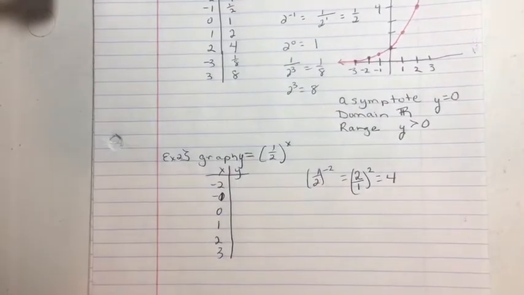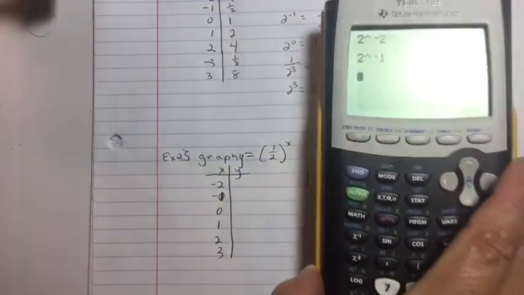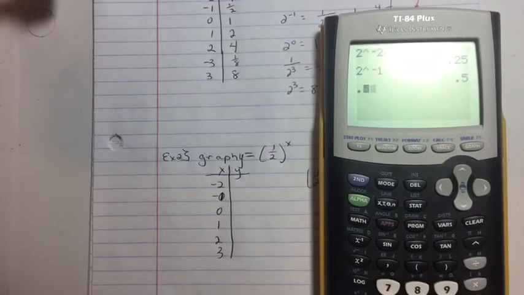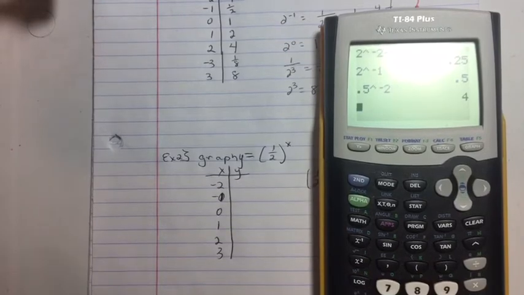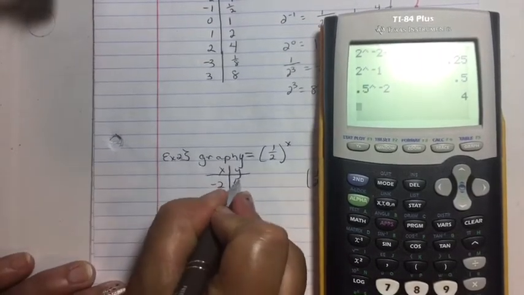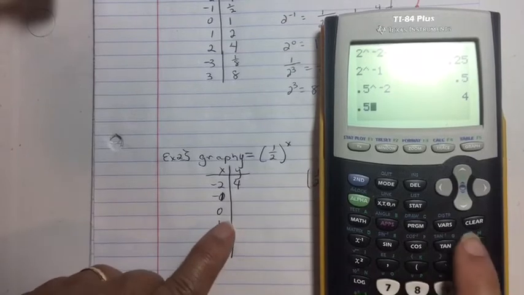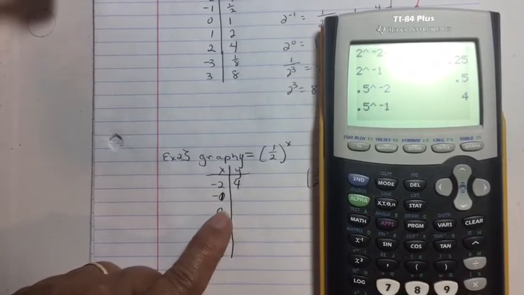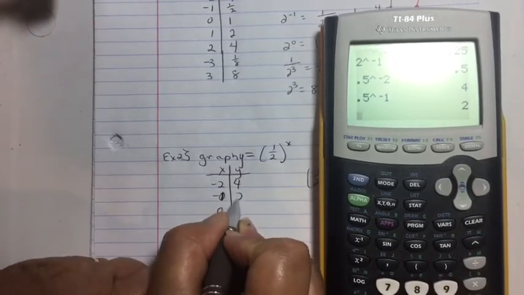Now let's try that on the calculator just so that you can see that it is correct. You're going to have 1/2, which is 0.5, and I'm going to raise it to the -2 power and get 4. Okay, 1/2 raised to the -1 power is going to give a 2.